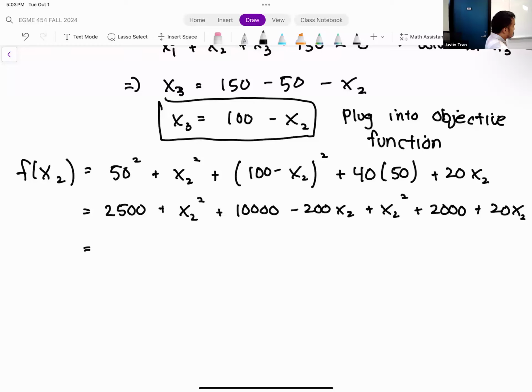Okay, so let's combine like terms. And so we have 2x2 squared. For the linear terms in x2, we have a minus 200 x2 plus 20 x2. That is minus 180 x2. And then we add all the constant terms: 2,500 plus 10,000 plus 2,000. We have 14,500.